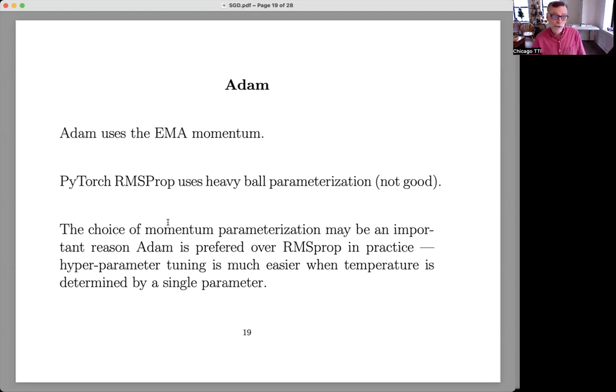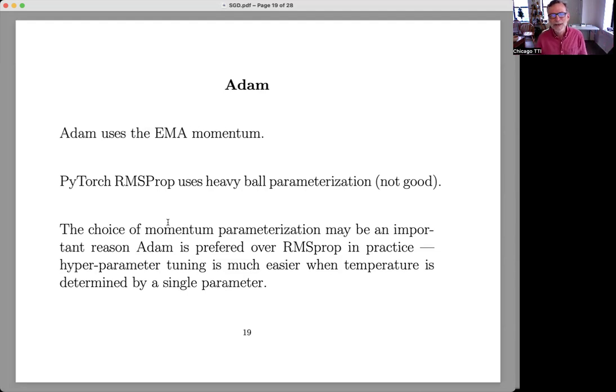It's worth noting that Adam and RMS-prop are very similar, almost the same idea, except for bias, it's exactly the same idea. But Adam uses EMA momentum, whereas RMS-prop uses heavy ball momentum.